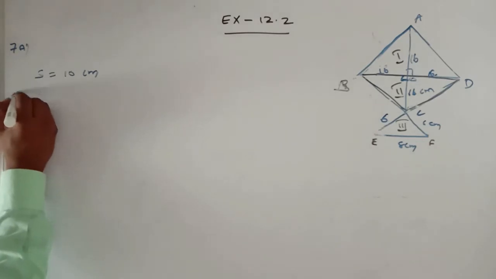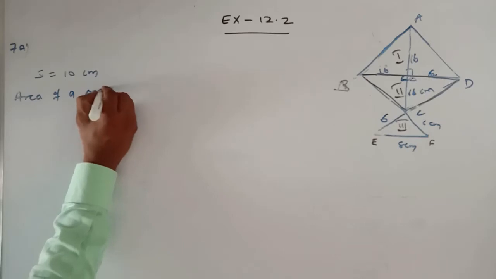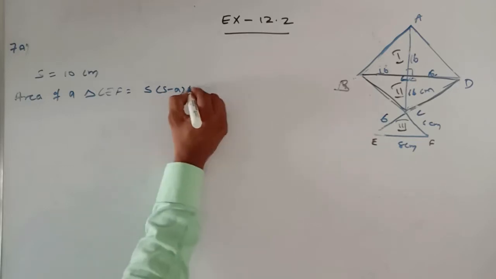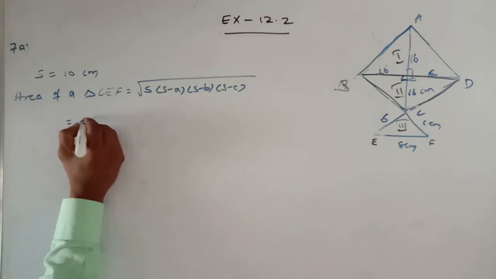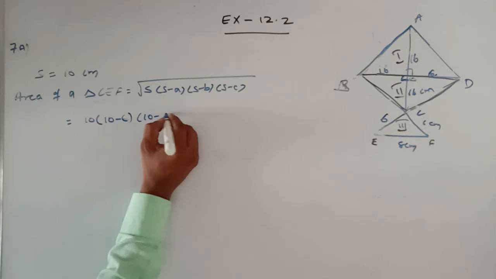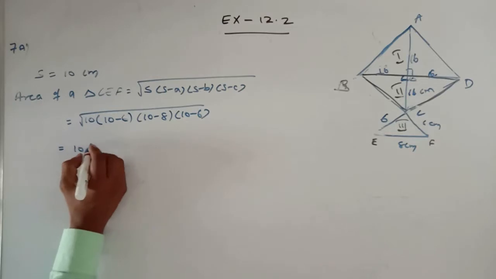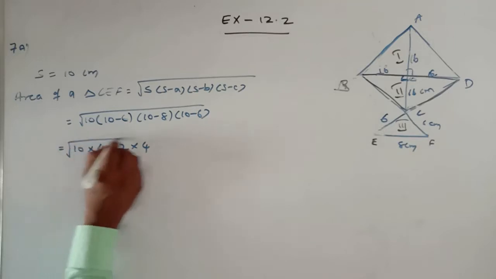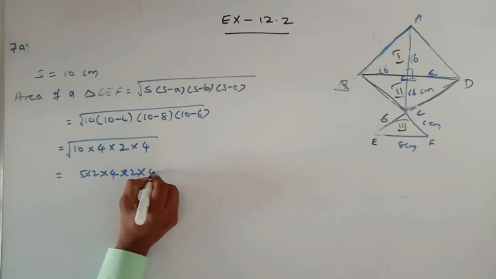Now I am going to calculate the area of triangle CEF, which is equal to under root of s into (s minus a) into (s minus b) into (s minus c). That's equal to under root of 10 into (10 minus 6) into (10 minus 8) into (10 minus 6). 10 minus 6 is 4, 10 minus 8 is 2, into 4. So here 5 into 2 into 4 into 2 into 4, as I am writing.